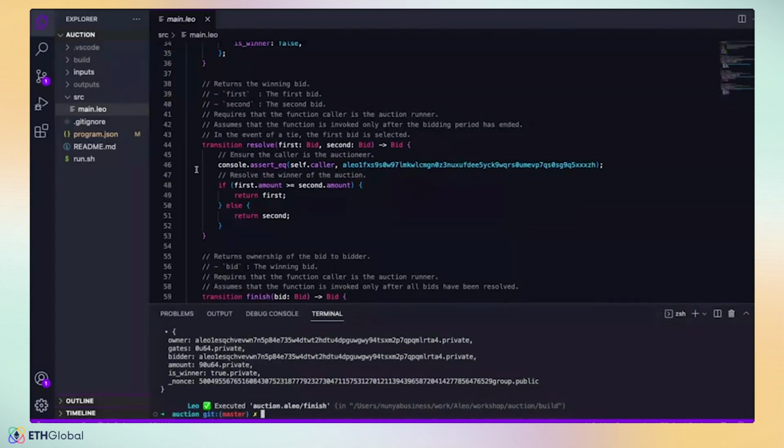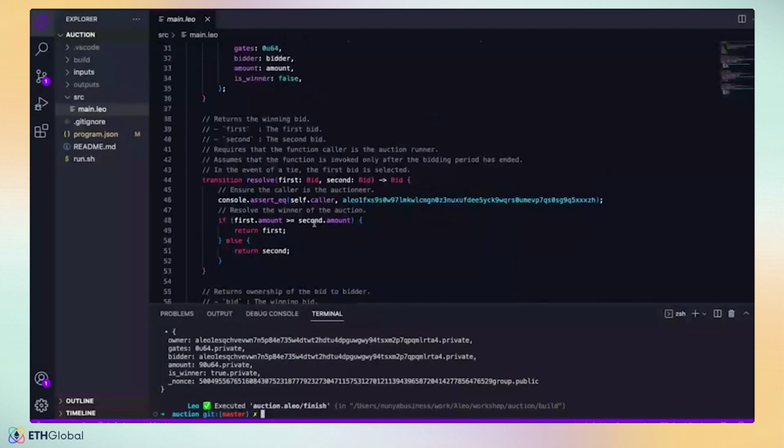To resolve the bid, it's very simple. You check the amounts in each of the bid records and select the greatest one. And ties are broken by order. So for the person who submitted first or is inputted first, we'll take it in case of a tie.